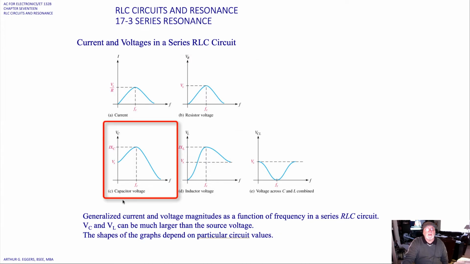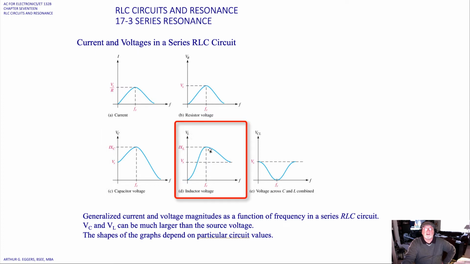If we look at the capacitor voltage, I times X sub C, at the resonant frequency, we have the maximum value of the voltage across the capacitor. Same thing for the voltage across the inductor. We can see at resonant frequency the voltage rises and then starts to taper off.